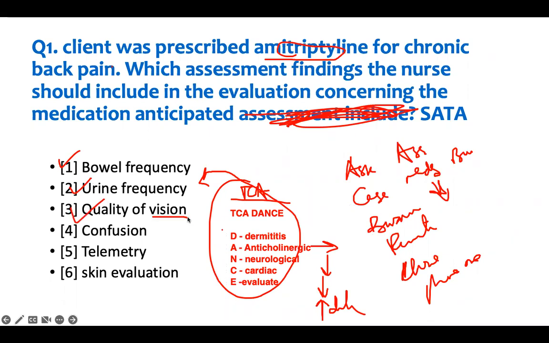I'm breaking down the SATA backbone. Confusion. Well, there's a neurological problem there, so I've got to do that. Telemetry. Yes, cardiac. We've got to check. He has cardiac arrhythmia. Skin evaluation. Yeah, dermatitis. You see what they do? They will set all these things. They get all the signs and symptoms and see if you can recognize some of them.